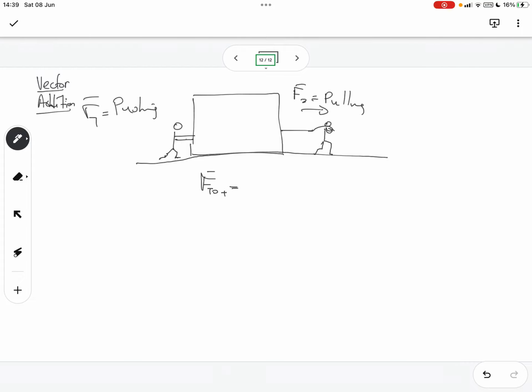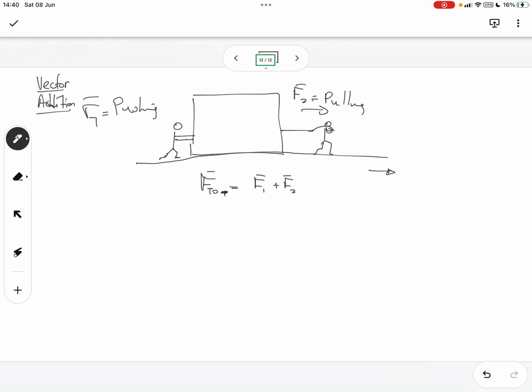So this one is pulling with F2 and this one is pushing with F1. Then the total force applied on the block would be F1 plus F2. And of course, we take into account the direction. Because they are both moving in this direction, it's likely that the total force would be positive.